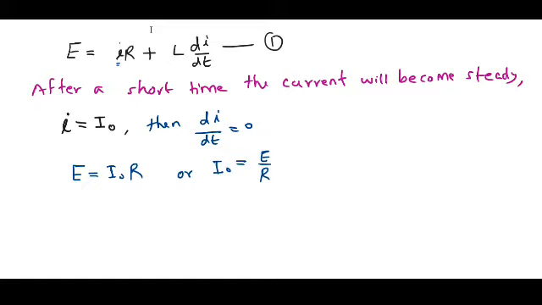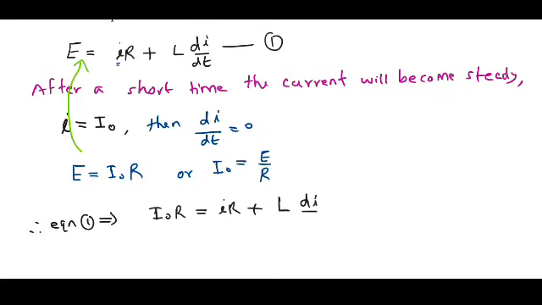Actually, our attempt here is to develop an equation for the growth of the current in the circuit. After a certain time, how much current will flow through the circuit? We will develop that equation in terms of the resistance and the inductance value. If I substitute these changes into equation 1, that is, instead of E, I substitute this value here, equation 1 can be written as I0R is equal to IR plus L di by dt.